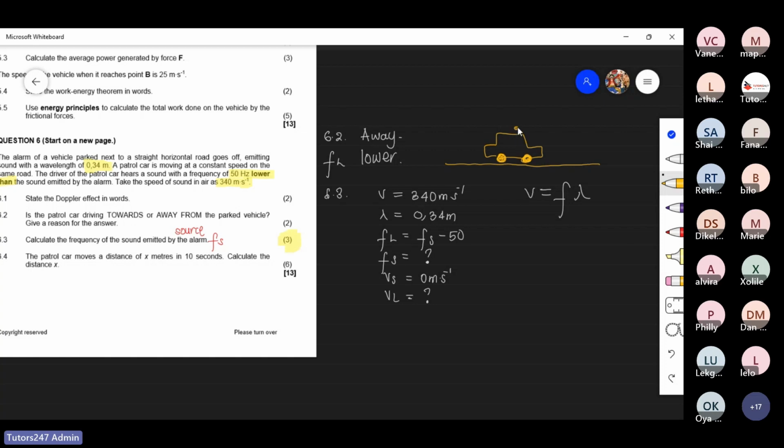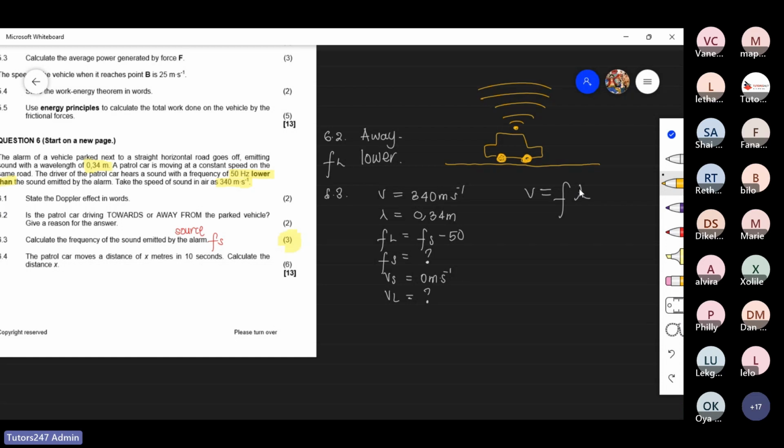This car's alarm is emitting a sound, and that sound is a wave. We can use this formula because we have the velocity of that wave and the wavelength of that wave. So we have 2 knowns out of the 3 variables. The only unknown is f.